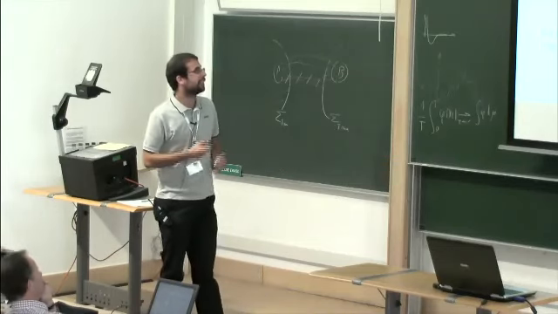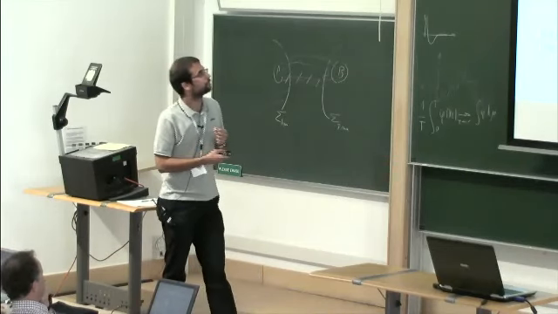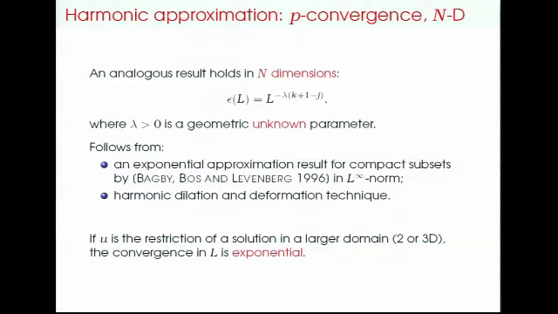And this is the main gap in the theory, because this lambda is the parameter that gives the actual order of convergence. And we would like to say, if the domain is a nice domain, convex for instance, lambda is 1 or close to 1, but we are still not able to do it.